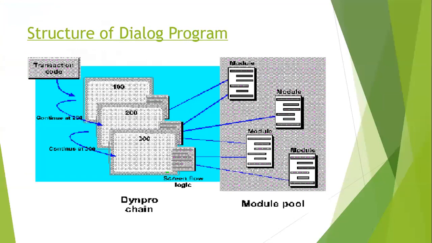The next thing, as I showed in the diagram, is the general structure of a dialog program. Each dialog program consists of multiple screens. These screens are called in sequence, like one screen calling another screen. Initially, to trigger the calling, we need to attach a particular screen with a transaction code. Let's say a particular transaction code calls screen 100, and 100 can call 200 and 300.